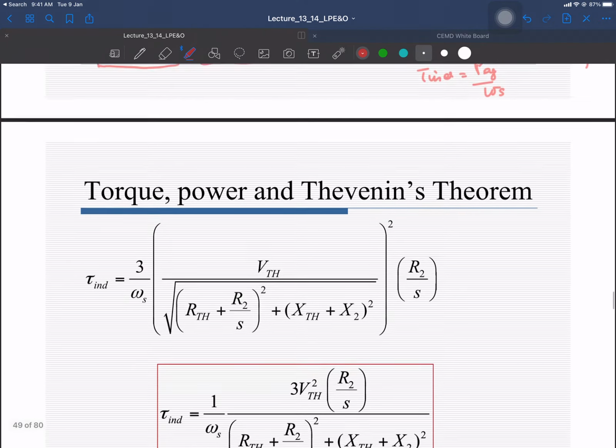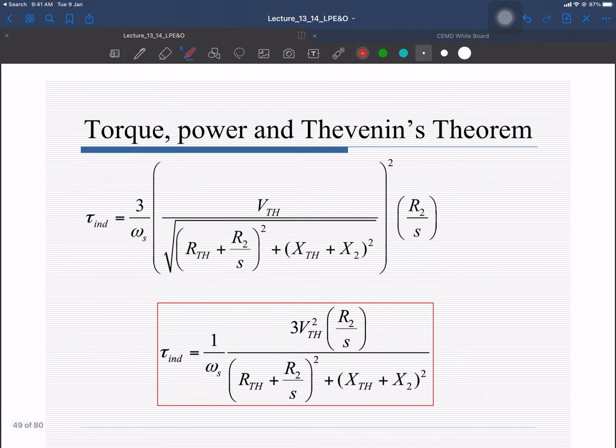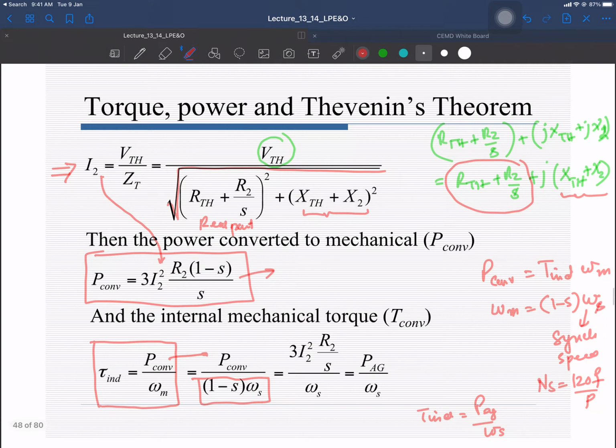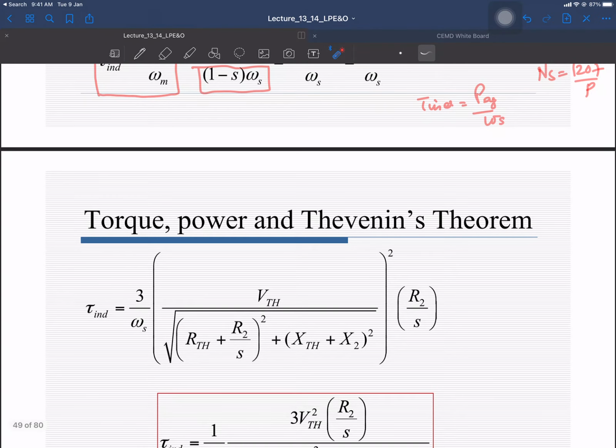Now the induced torque can be written in terms of the motor parameters using this equation, because we have already seen the expression for I2. That I2 can be utilized over here to find P converted, and P converted can then be written in terms of the P air gap, right? So the induced torque will be given by this expression.